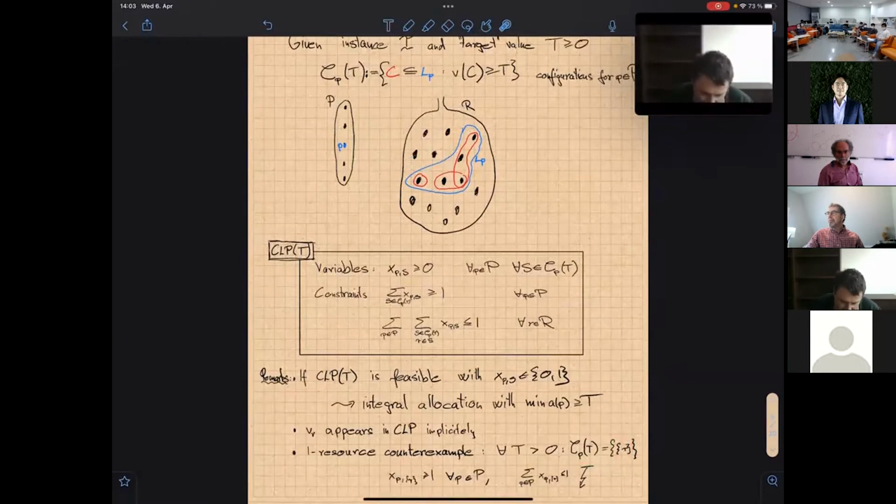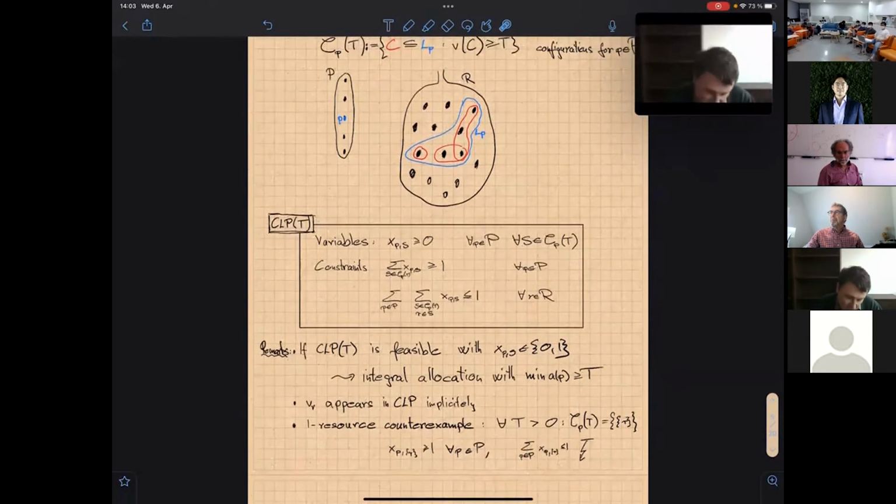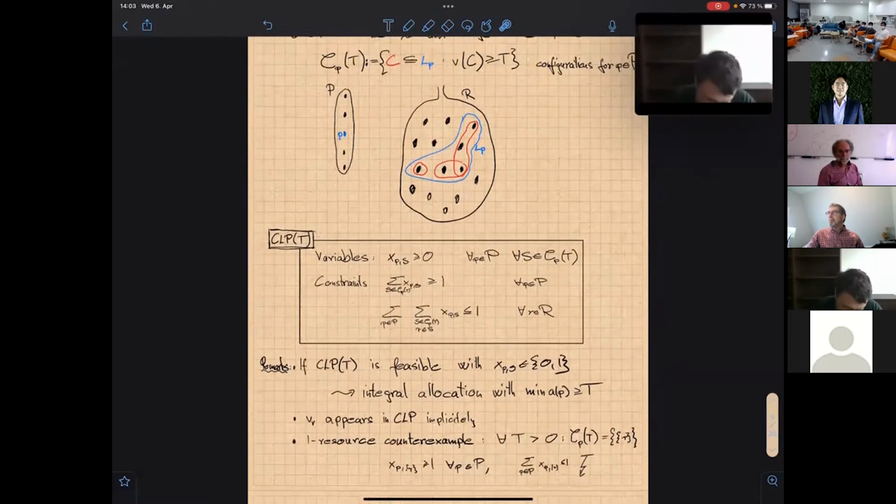So the first condition is telling you that every variable should be at least one. And the second condition tells you that the sum of the variables should be not more than one. So that cannot be if you have two players. So this somehow bad example disappears.